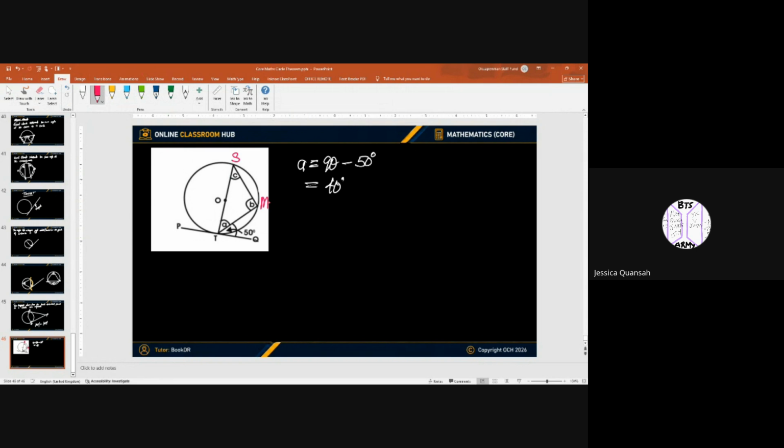There's a diameter, so the line ST, we can extend it to touch the other side of the segment, like this. And then we put a variable there. And that place is also 90. I'm right? Yes, it's 90.